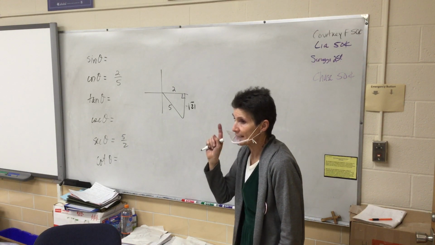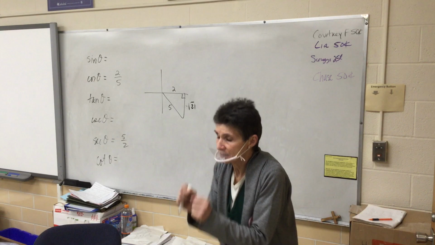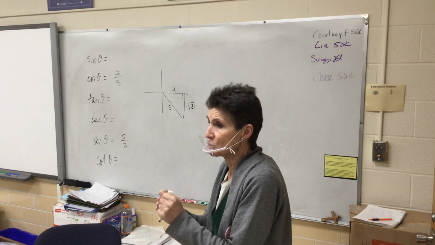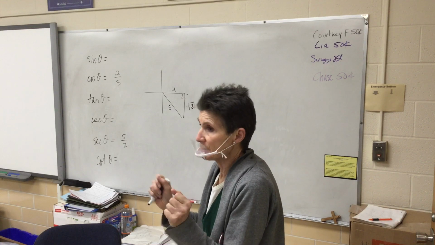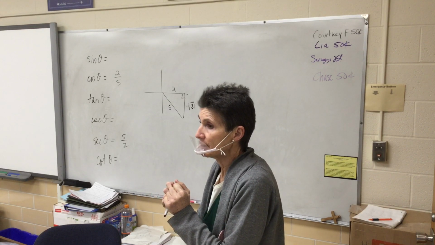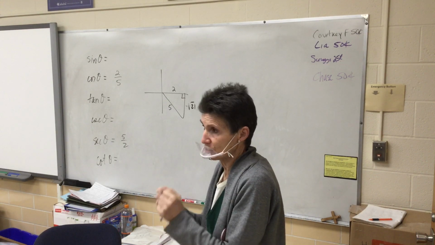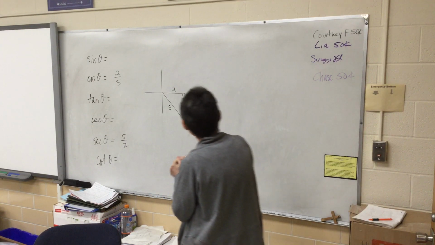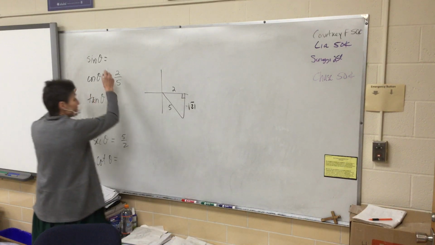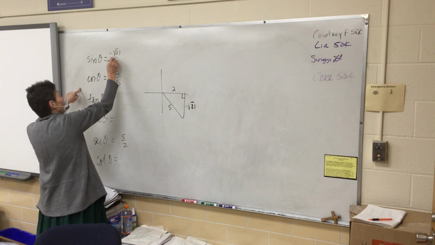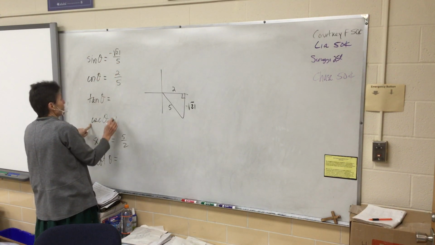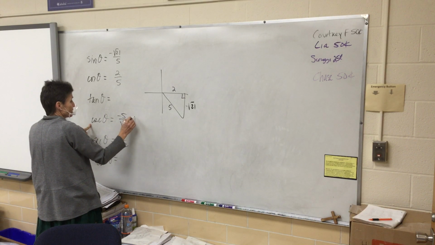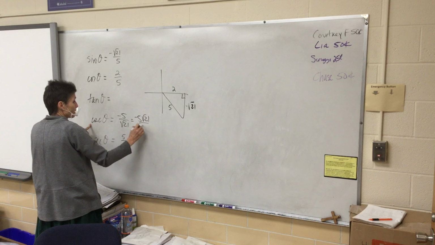Those negatives are going to kill you. Please make yourself stop if you're drawing a picture any place other than quadrant 1. You're going to have negatives in every single picture that's not in quadrant 1. All right, so now I can fill this in. So it looks like the sine is negative root 21 over 5, which makes the cosecant 5 over negative root 21, which is negative 5 root 21 over 21.